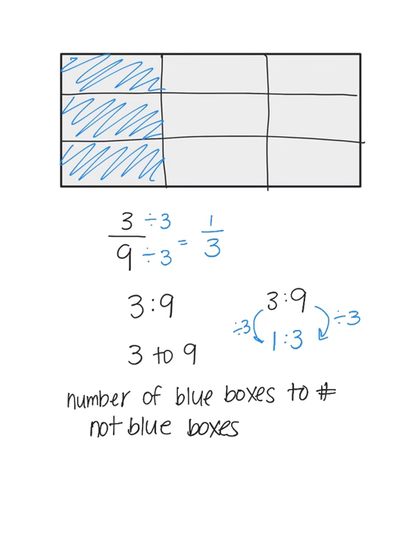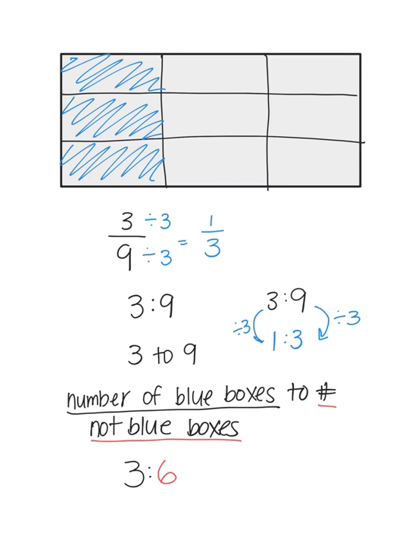So for the number of blue boxes, there are 3 blue boxes, and then to the number of not blue boxes, well, there are 6 boxes that are not blue. So I have my ratio to represent this, 3 to 6.